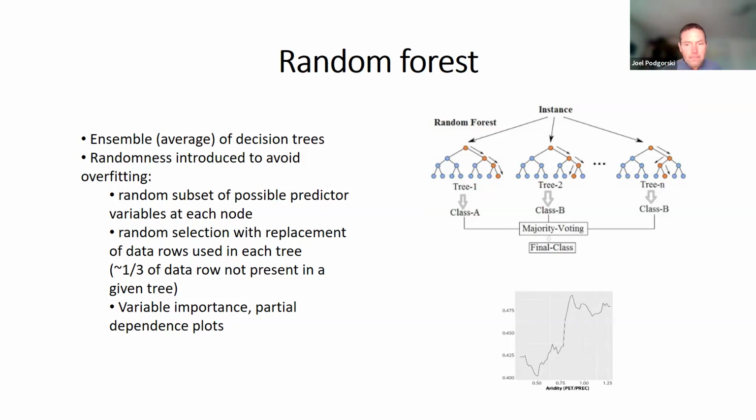I don't think I have a plot of it right here, but it's really just a number, so it doesn't matter too much. What it means is it's a way of objectively analyzing the importance of all of the different input variables, the predictor variables, on the output.